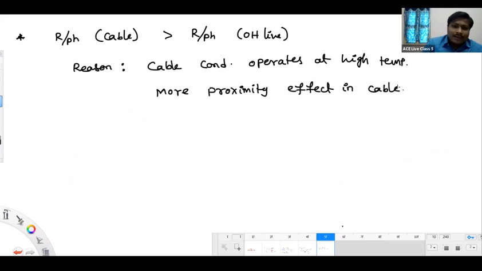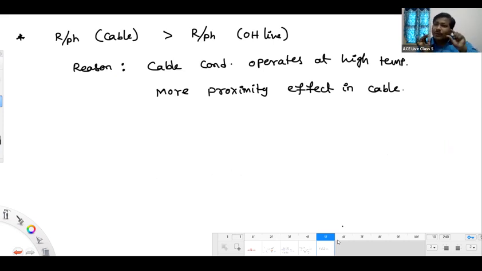So almost all the technical comparisons, irrespective of economical comparisons, we have done between the overhead lines and the cables here. From this point onwards, I will be taking up a single core underground cable.